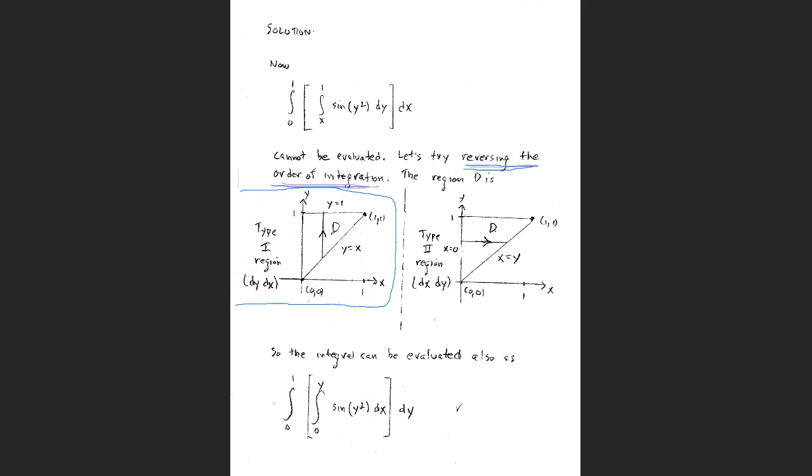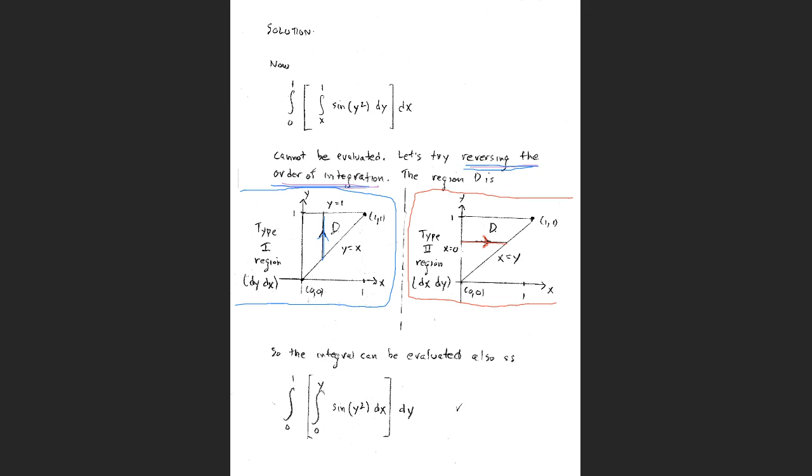And it's a type 1 region because I'm integrating with respect to y first. But as a type 2 region, I would be integrating with respect to x first. And so I'm using functions on the left and the right as my boundary functions to start with.